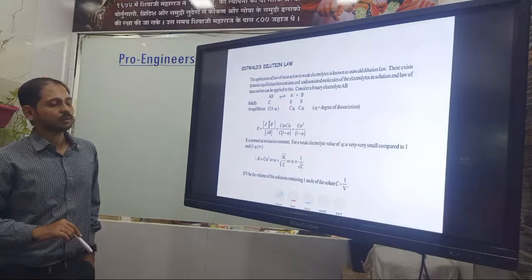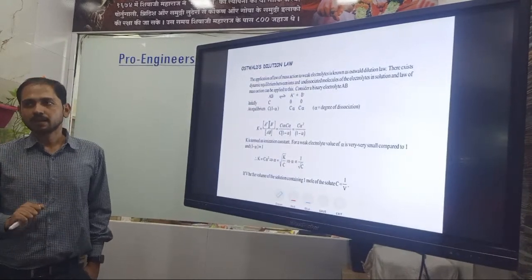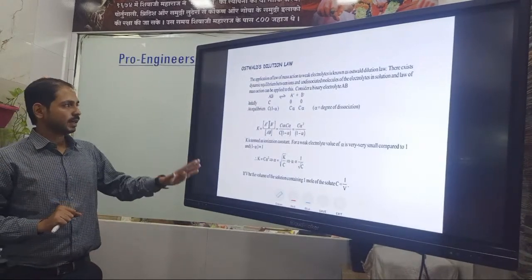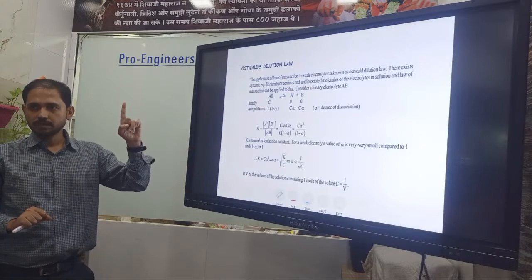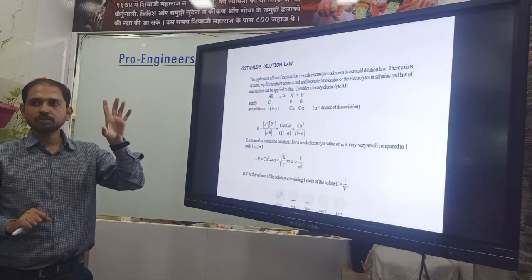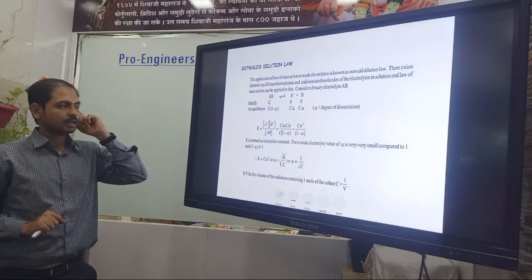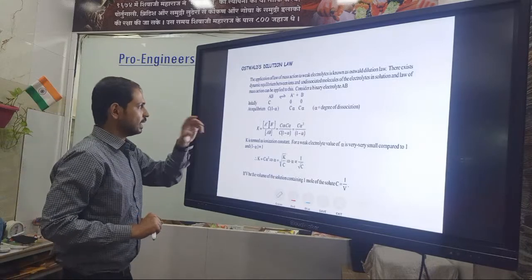Why are we taking 1 minus alpha? That is very important to understand. Let us assume initially it is 1. Degree of dissociation, I always told you, comes in fractions. 1 means the highest number.